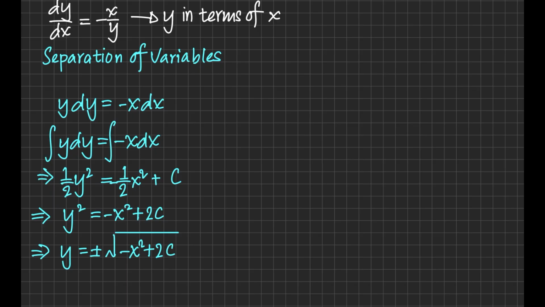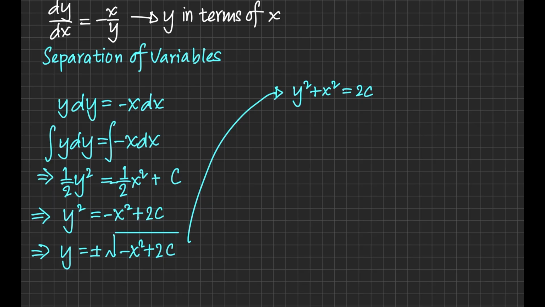So this is the final equation of y in terms of x. To get a simpler equation of this, we can rearrange it like this: y squared plus x squared is equal to 2c.